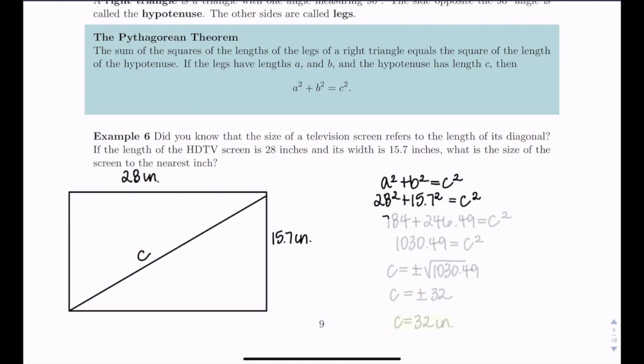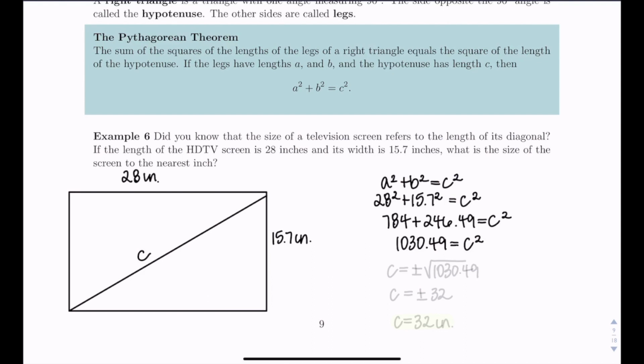Well, 28 squared is 784. And 15.7 squared is 246.49. And that's equal to c squared. Adding these together, we have 1030.49 equals c squared.